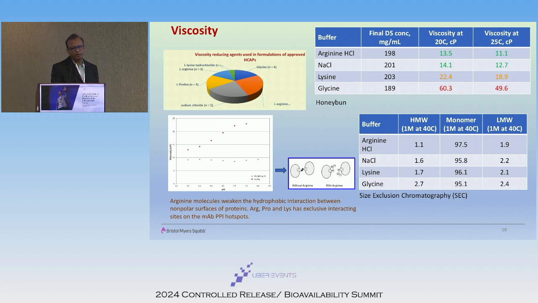So this is the temperature at which we generally try to assess the viscosity, but with lysine and glycine, it is higher. And the same thing we have done with size exclusion chromatography to understand the high molecular weight species, the particle formations. Again, arginine and sodium chloride work better than lysine and glycine. So before the formulation development, we try to do some kind of modeling.